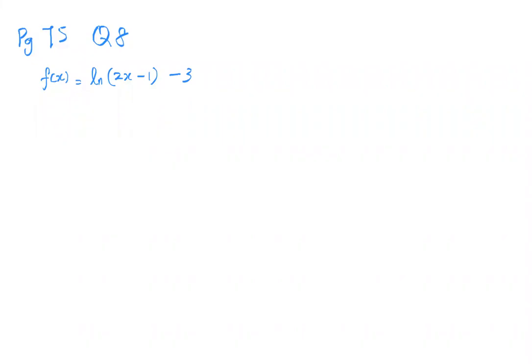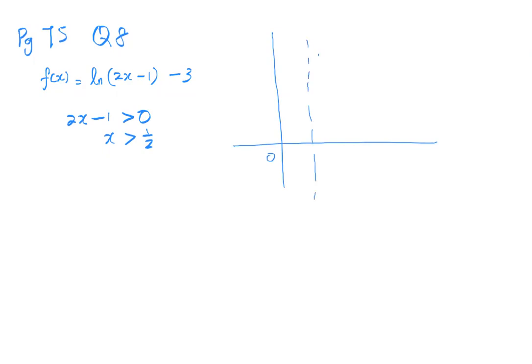Yes, 2x minus 1 greater than 0, x greater than half. So that means when you sketch your graph, straight away you know your vertical asymptote already, x equal to half. So your graph goes like that.